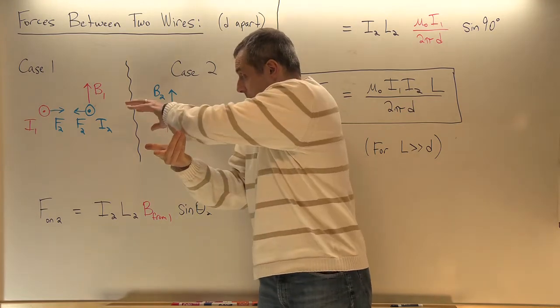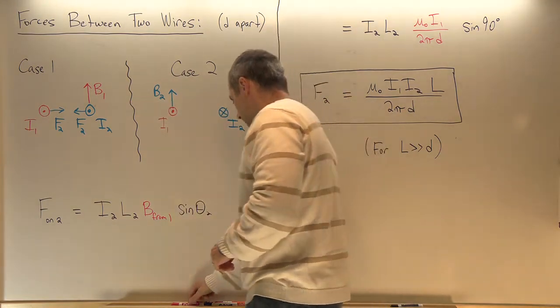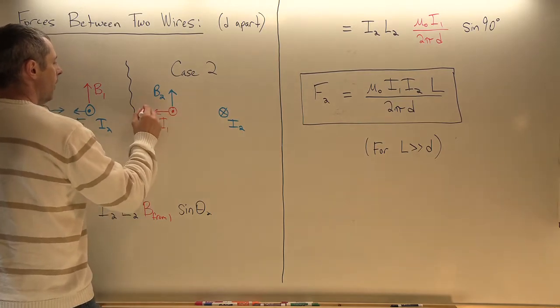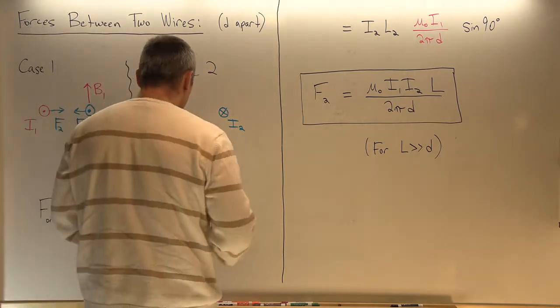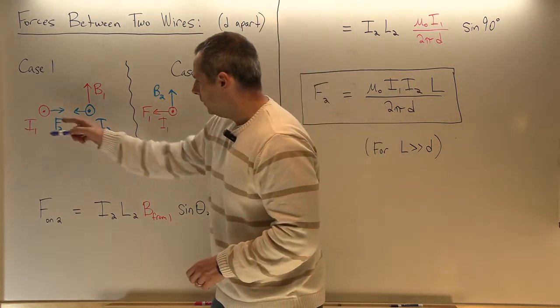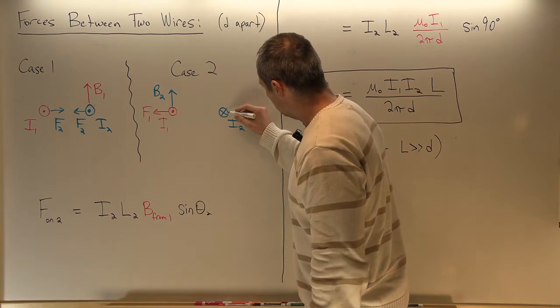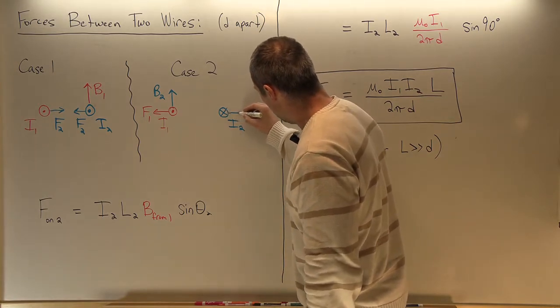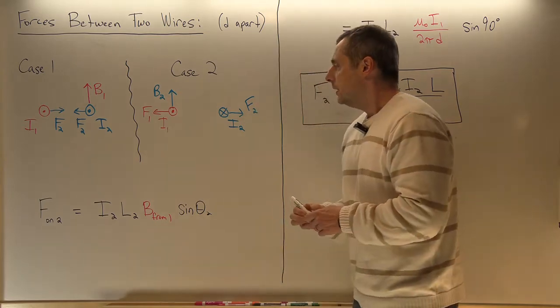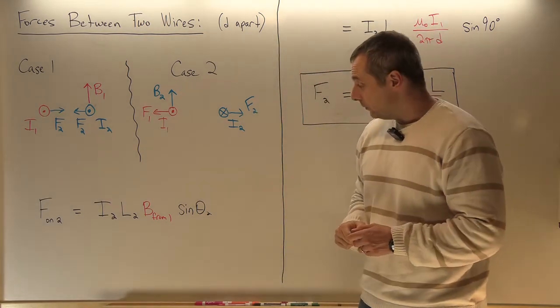In other words, this wire is pushed that way. So this is F on wire 1. And so by Newton's third law, oops, I should have done that one red, but that's okay. This force has to be the opposite, the same number of newtons. That's F on wire 2. So there it is, the analysis of the right-hand rule.